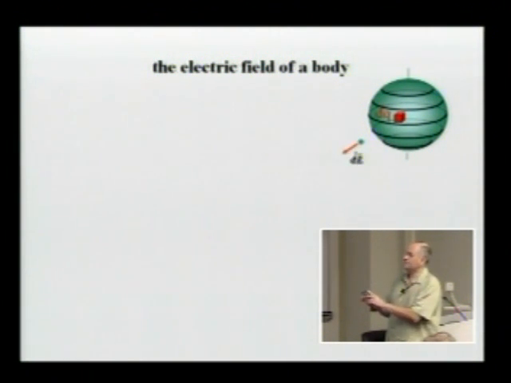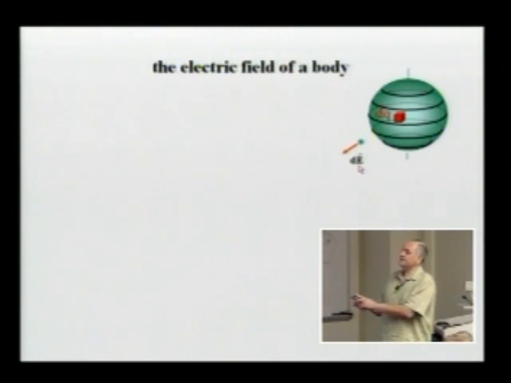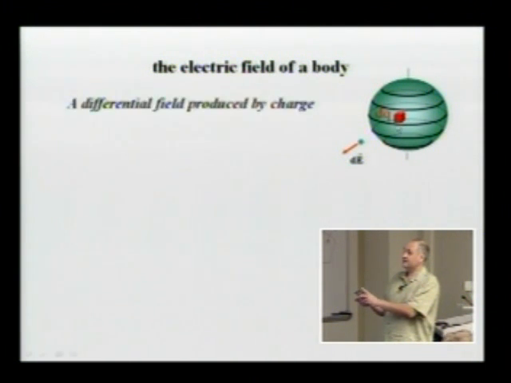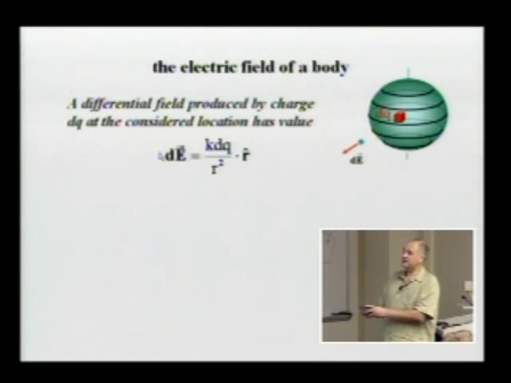So let's now try to find out the electric field produced by this entire object. How are we going to do it? The contribution from a differential fragment from Coulomb's law is equal to Coulomb's constant, times the charge of the source of the field.